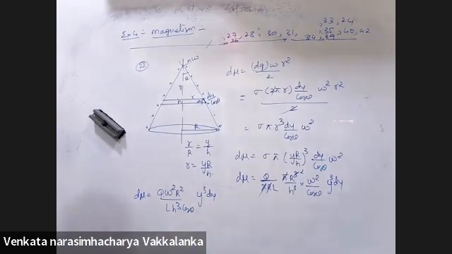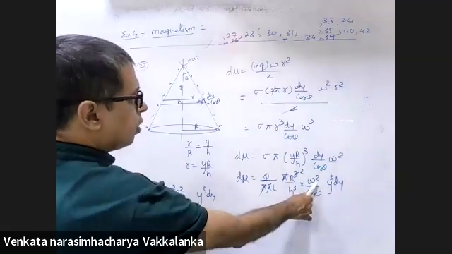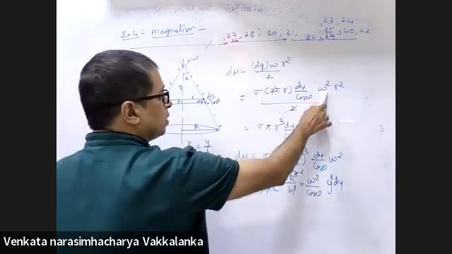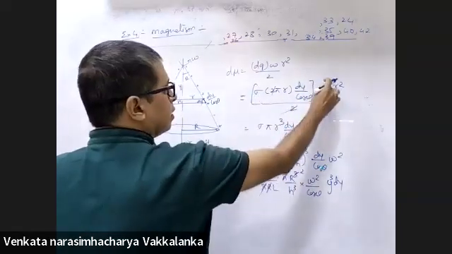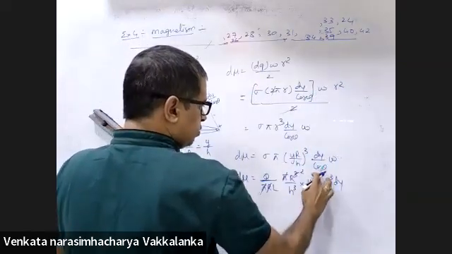Till here is the simplification okay? But it should be just omega, not omega square. Why did I write omega square here? This was dq, right? So it is omega.